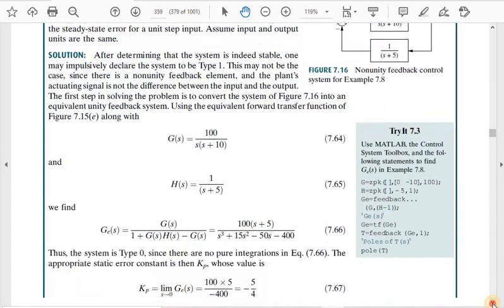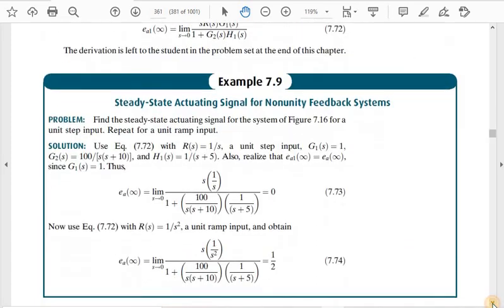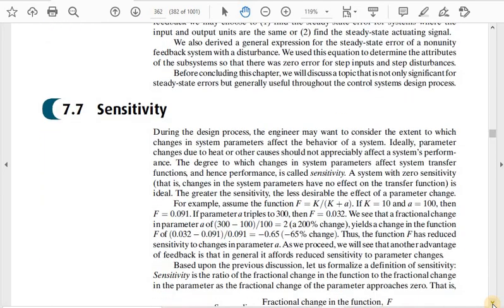After that, we discussed sensitivity. What is sensitivity? Sensitivity tells you what happens if there is a parameter variation, and what effect it has on the performance. So basically we normally use sensitivity analysis for the robustness of the design.